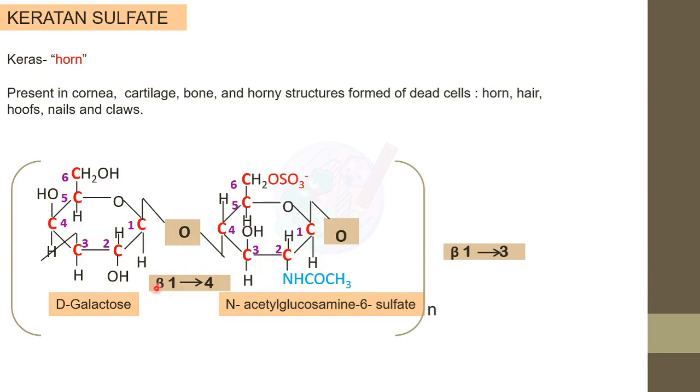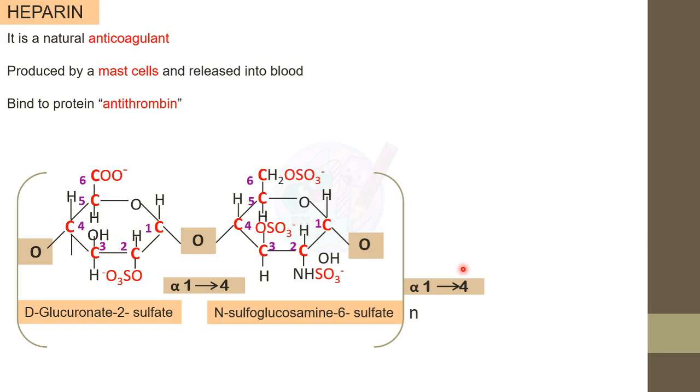So when galactose joins with N-acetyl glucosamine 6 sulfate, it links with a beta 1,4 linkage, and when N-acetyl glucosamine 6 sulfate forms a linkage with the next D-galactose, it forms the beta 1,3 linkage.